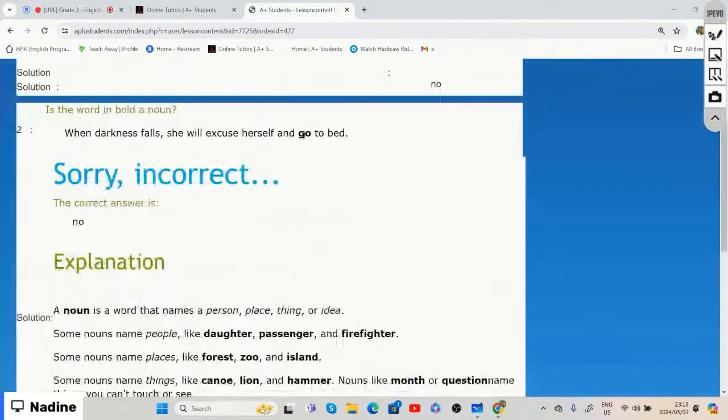If we look at the word go, right, in the sentence it says, when darkness falls, she will excuse herself and go to bed. Is that word go a noun?